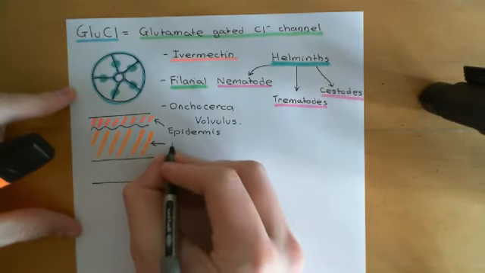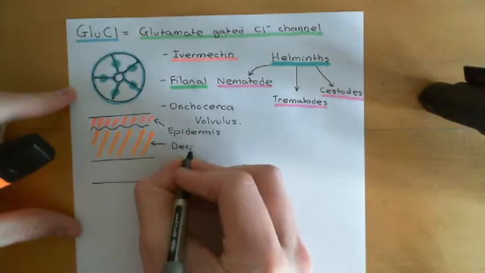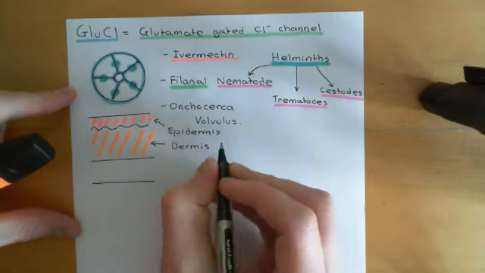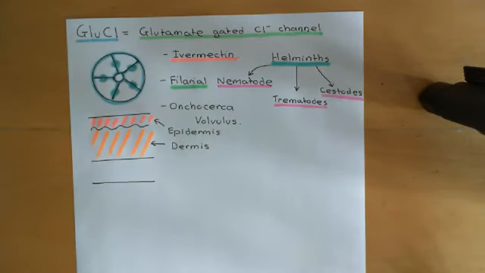So lots of support structures in the dermis. You'll have, for instance, arterioles and venules, you'll have hair follicles, you'll have loads of neurons and sensory apparatus and things like that. But principally it's an area of lots of connective tissue with just other structures inside it.